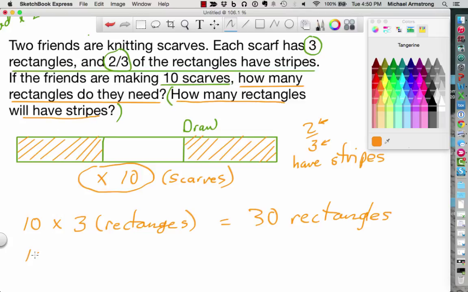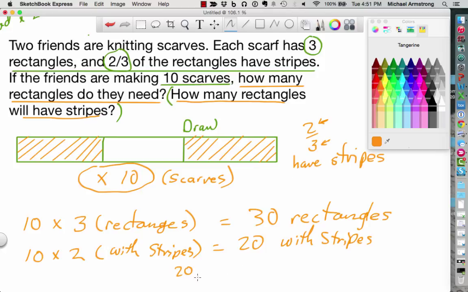Well, that's going to be 10 scarves times 2 with stripes equals 10 times 2 is 20 with stripes. And maybe we should flip this over so it looks like another fraction. So instead of 2/3, we're going to have 20 with stripes out of a total of 30 rectangles for 10 scarves.